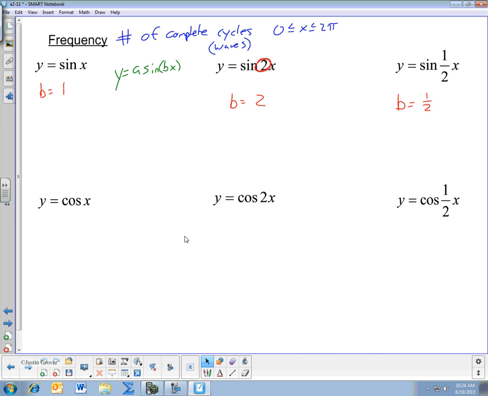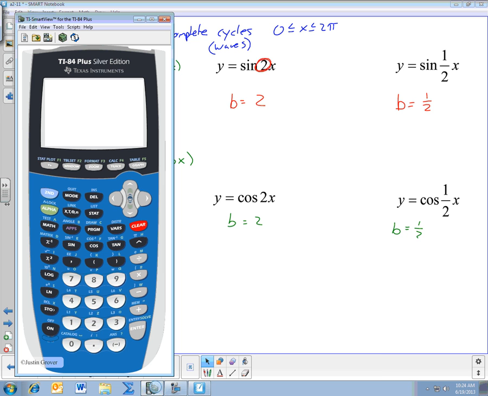And it's the same thing for cosine. Instead of y equals a sine bx, it's y equals a cosine bx. And so the coefficient of x is your frequency. And so b here is 1, b here is 2, and again b is 1/2. And just to show you what that would look like, let's do the cosine 2x.